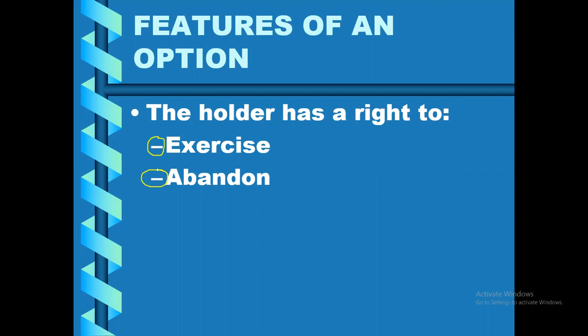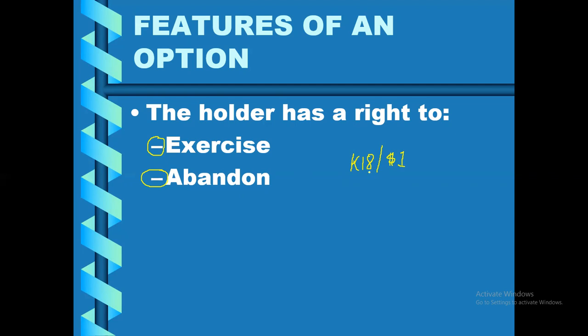For instance, look at this situation. You go to your bank and the bank says there's an option here where you have a right to buy $1 at 18 kwacha. Imagine this option.